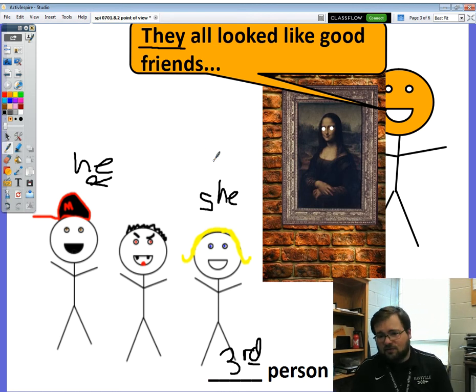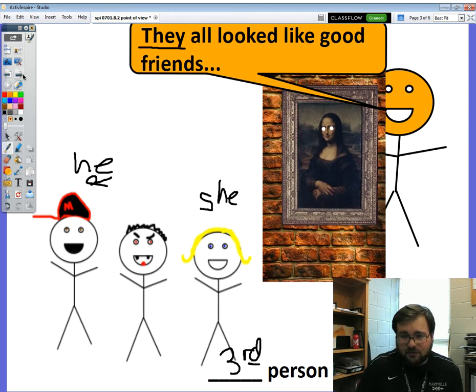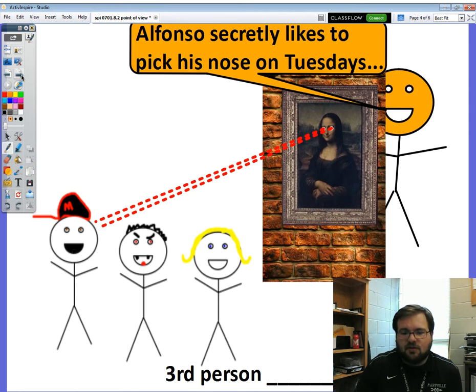But it gets a little bit more specific than that. There are different kinds of third-person point of view. The first kind is when the narrator is talking about one specific person. So instead of talking about this group of friends, our narrator is just focusing on Alfonso. It says Alfonso secretly likes to pick his nose on Tuesdays. So he is only paying attention to this character.